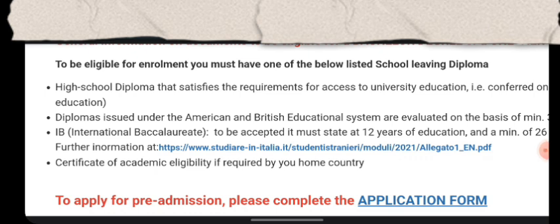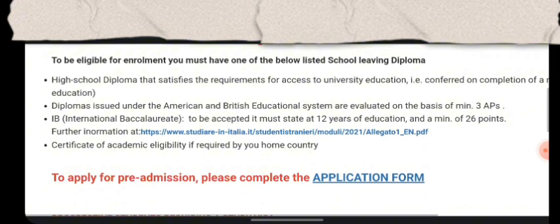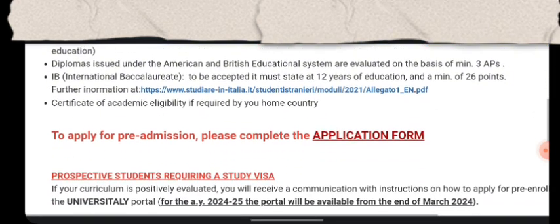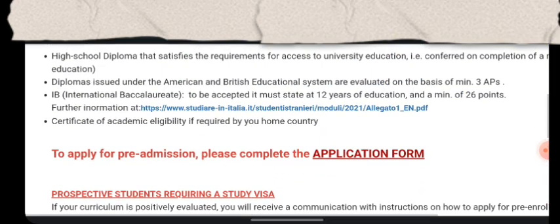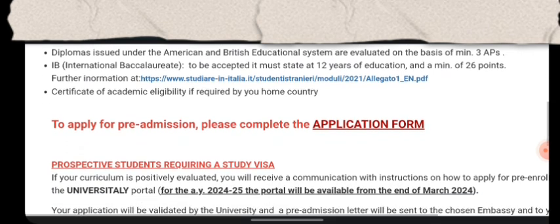All the certificates must be ready, and you must satisfy the requirements for access to university education. Diplomas issued under the American and British education systems are also evaluated on the basis of the Ministry of Education and all of those.